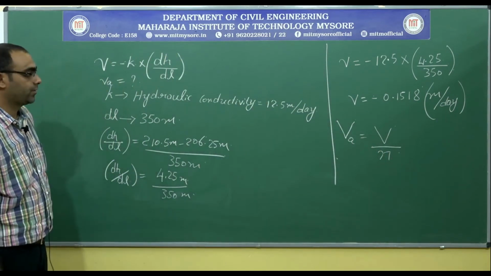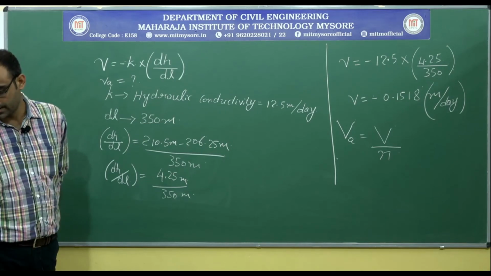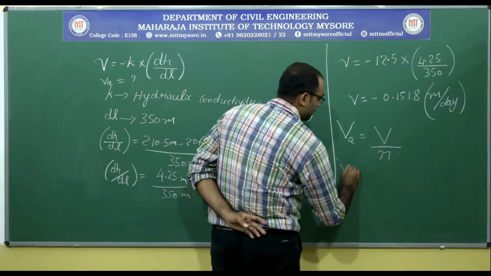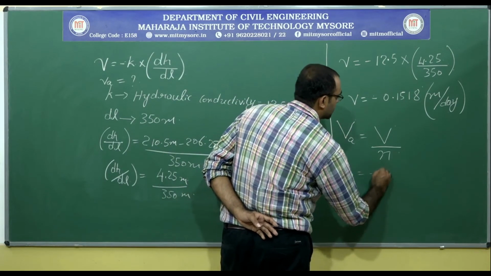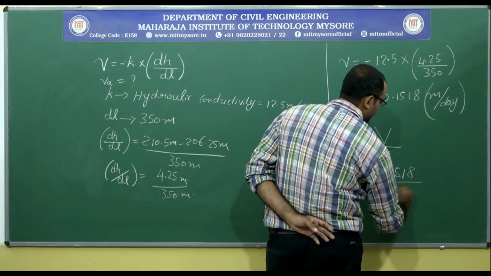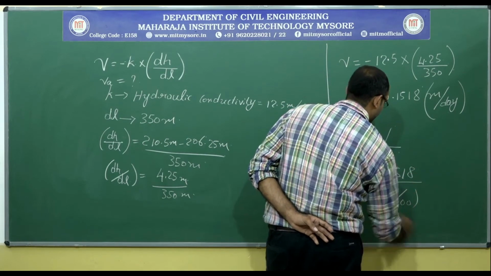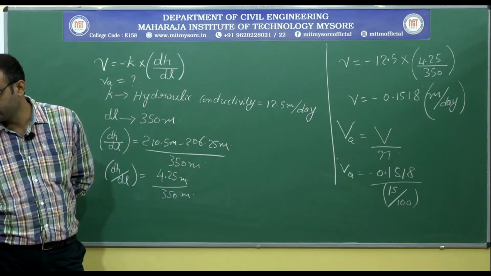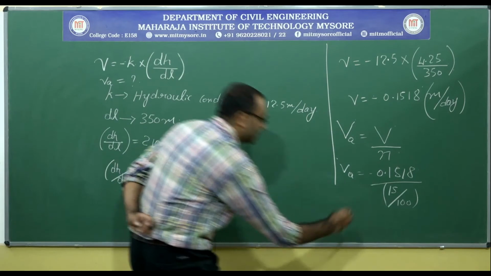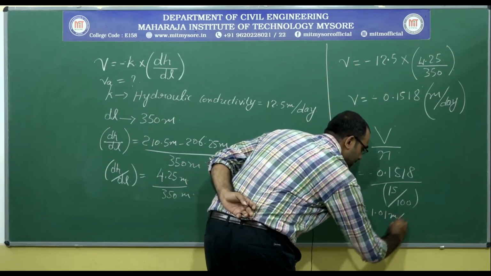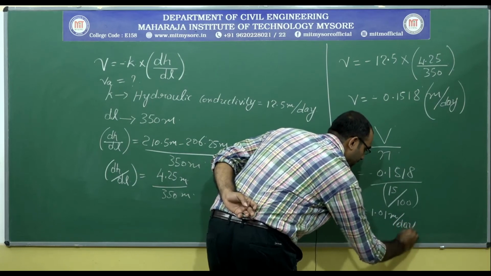The value of the porosity is given in the question as 15%. So, VA will be equal to minus 0.1518 divided by 15%, that is 15 divided by 100, and you will be getting the value of VA as 1.01 meters per day.